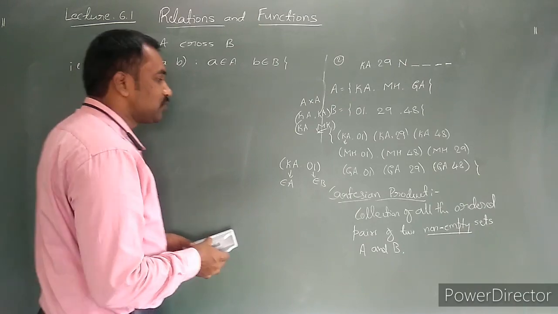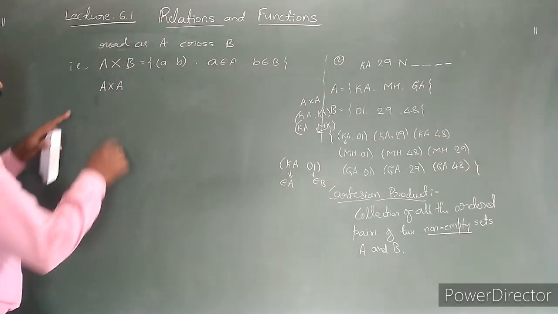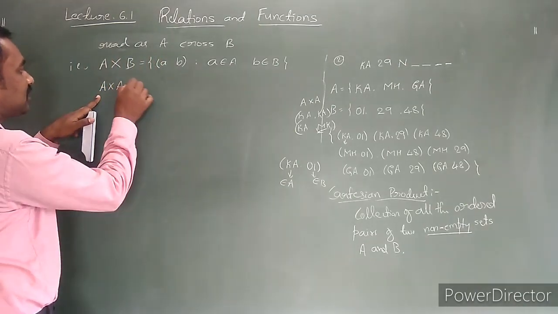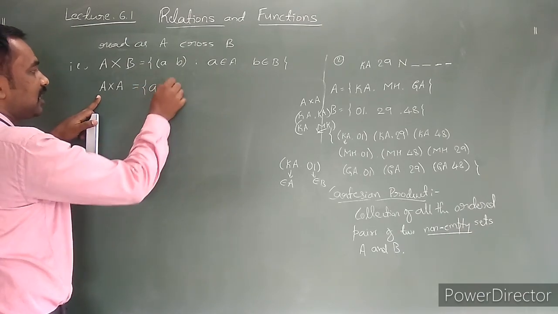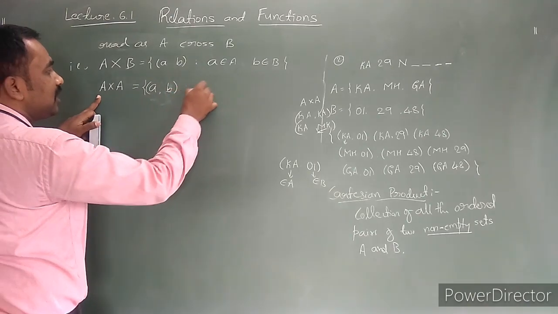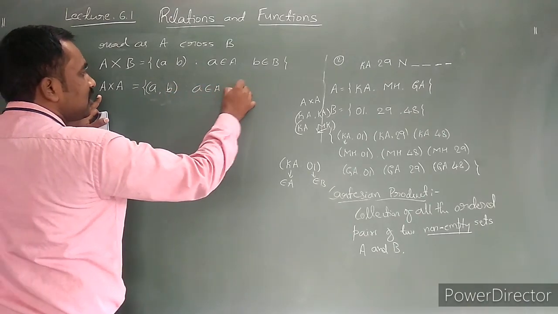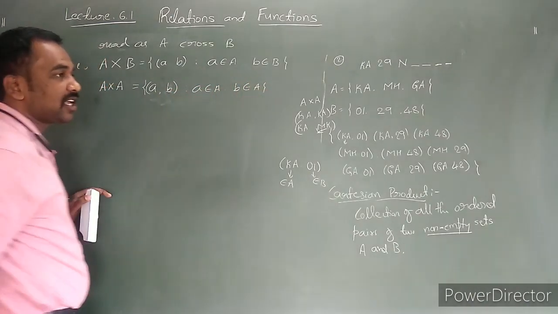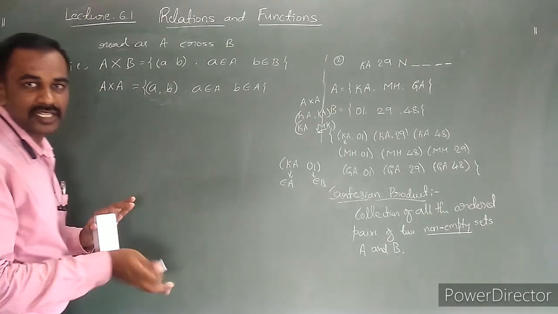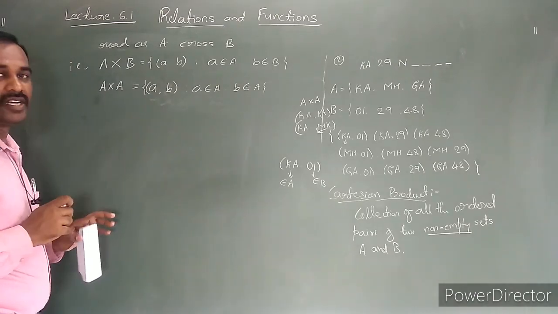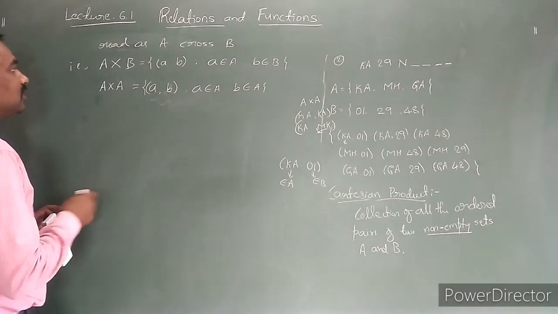Depending upon the situation, we have to write it. Here, in A cross A, we can write (a, a) only, or we can write (a, b). Here a belongs to the set A, and b belongs to the set A. Both elements belong to the set A because a single set is taken twice. This is said to be a Cartesian product of the same set.